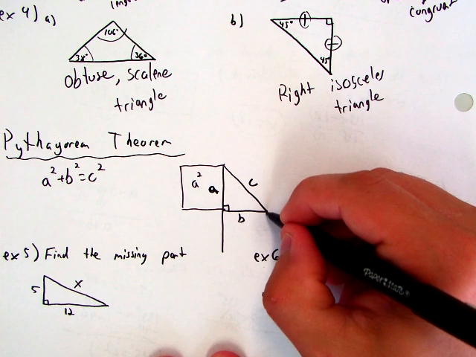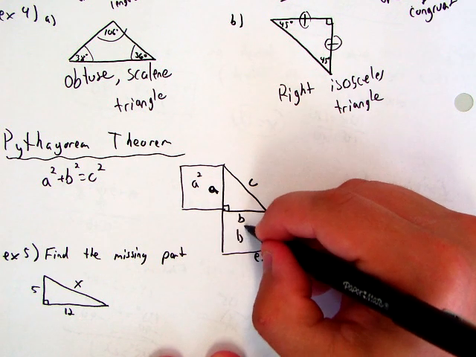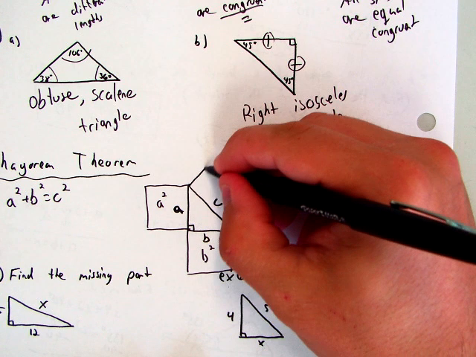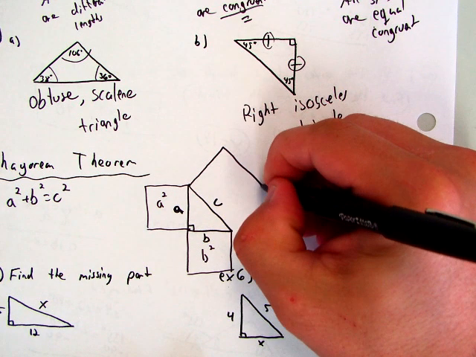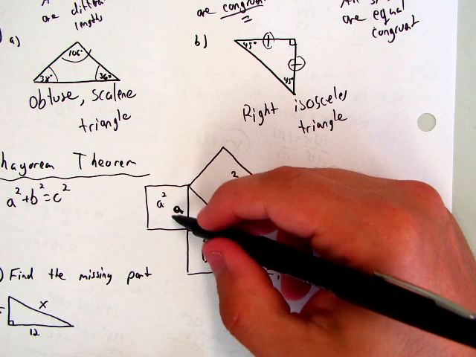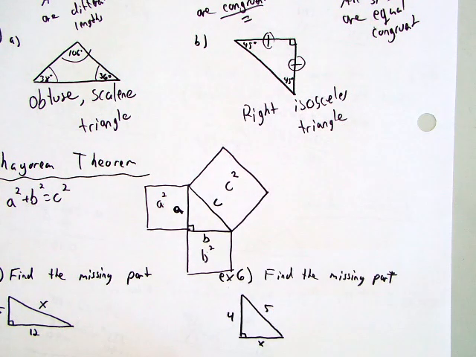If I do the same thing here, make a square on this side, this area would be b squared because the side length is b. And what this theorem says is if I add the areas of these two squares, I get the area of this square.